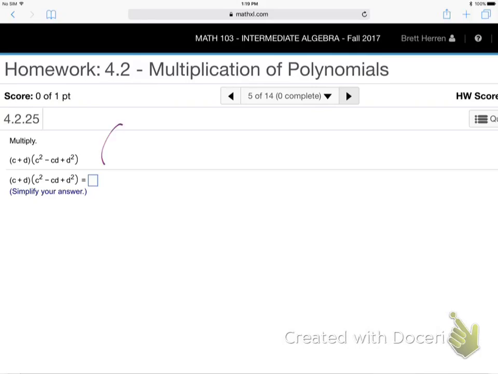So this is C plus D, parentheses, C squared minus CD plus D squared. You know that bunch of multiplication, right? That C is going to go to all 3, and then the D is going to go to all 3. 6 multiplications. I think it'll really clean up. Be a bunch of canceling, would be my guess. I think I remember this one.